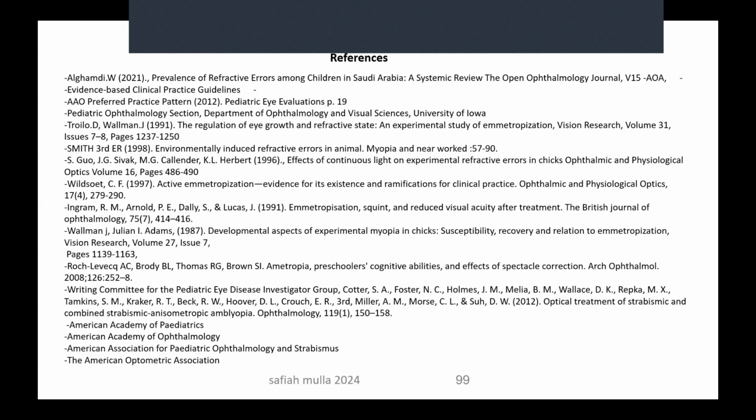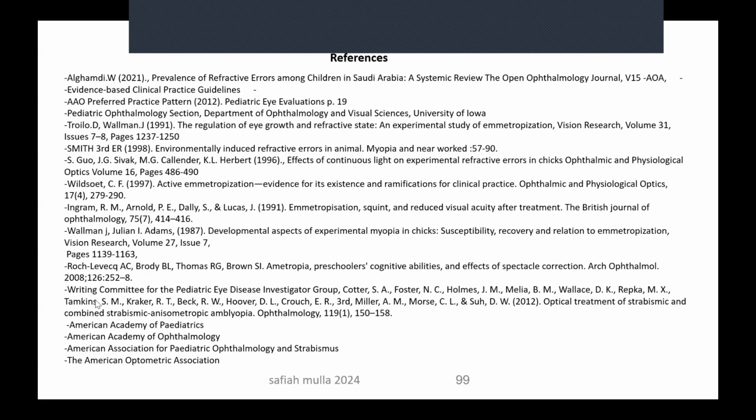With esotropia, it's the same. You give best corrected visual acuity, and with the esotropia you want to relax the accommodation for the child. So you have to be careful with the minus power, because if it's more than needed, the esotropia will increase as the accommodation increases.